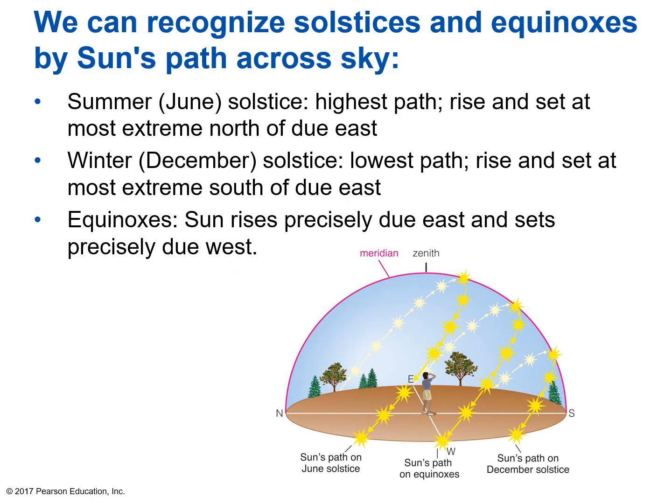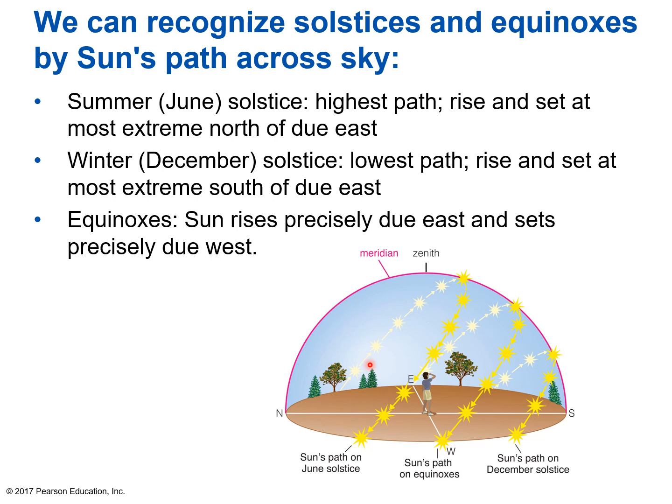We can recognize solstices and equinoxes by the sun's path across the sky. Now, if you look at this picture down below, in the summertime, the summer solstice, the sun is at its highest path. So here's a person observing, and you can see to the left is north, to the right is south, and east and west. If the person watches the sun rise in the east and go down in the west, it's a more northerly course.